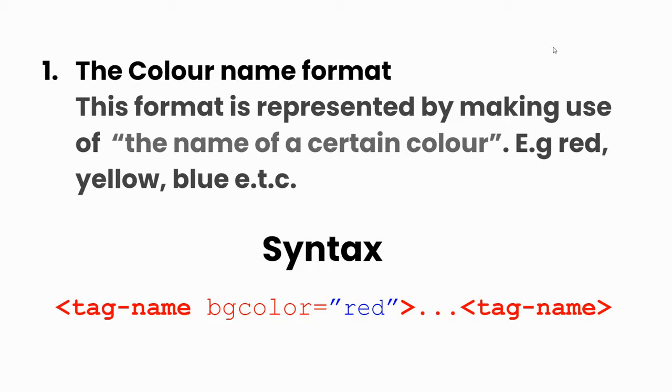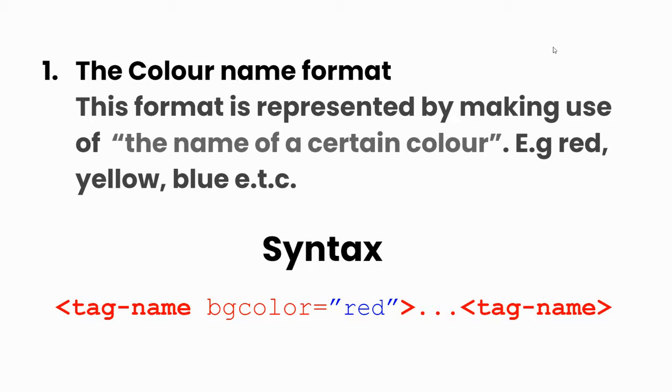As you can see from the syntax, this is how you would have it in the HTML document, with the tag name, which is basically the body and the table. Then with the background color, assign the color name. For this syntax, we used red as an example. That's why you see the bgcolor is assigned the color red.